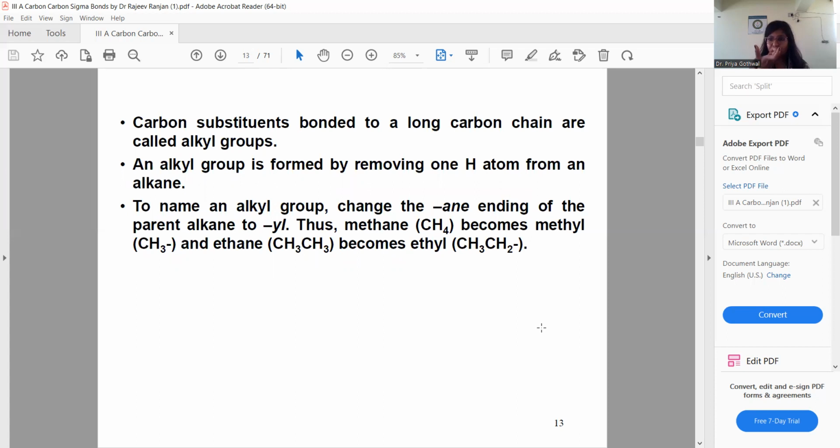To name an alkyl group, change the ane of the parent alkane to yl. Thus, methane becomes methyl, which is denoted by the CH3 group, and ethane becomes ethyl.